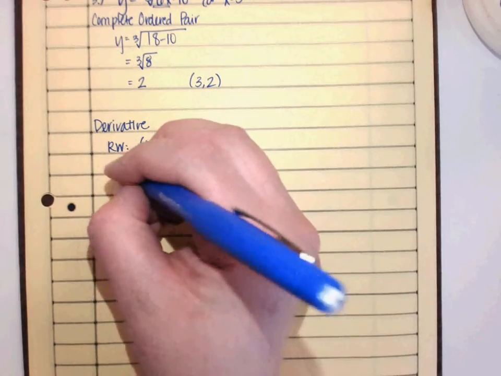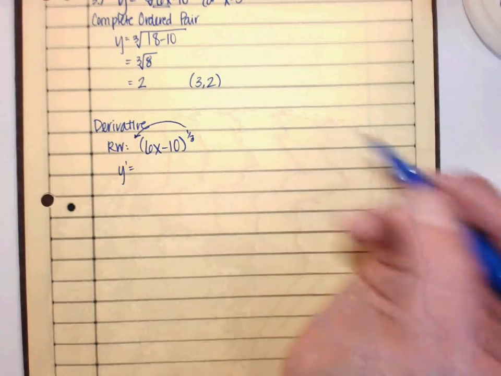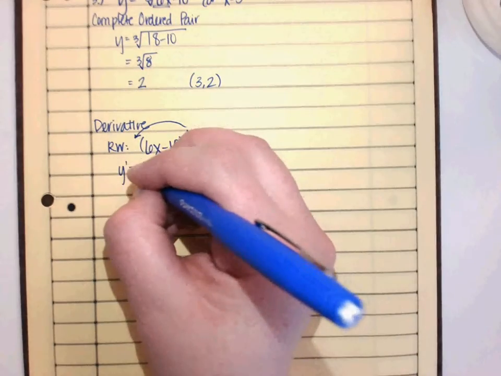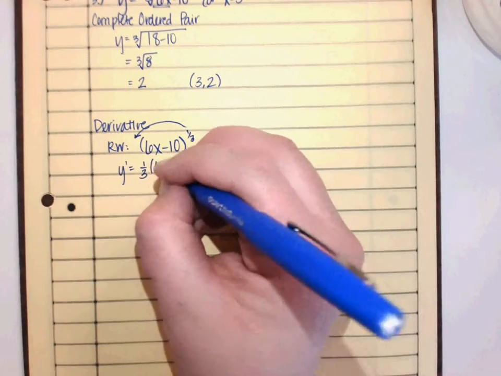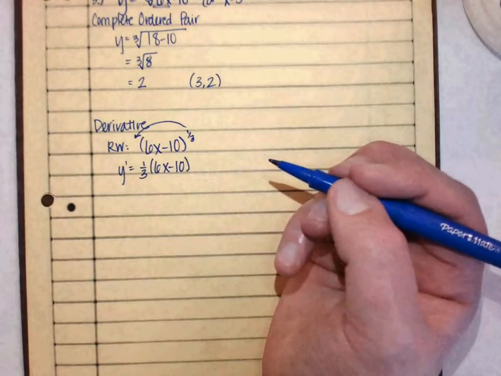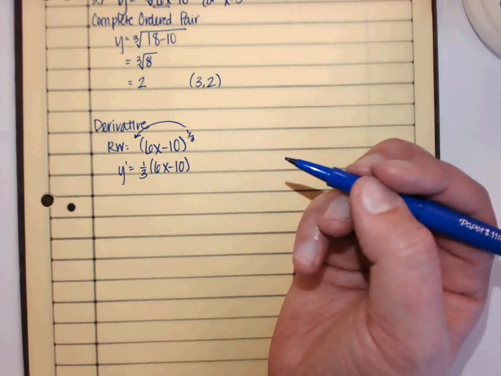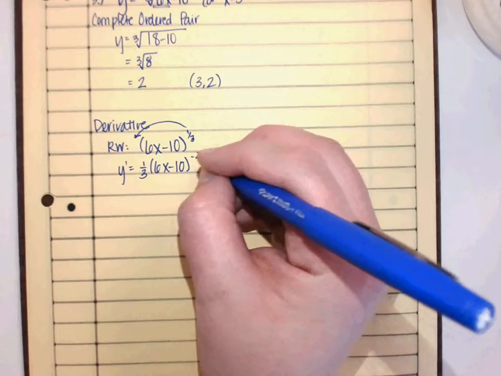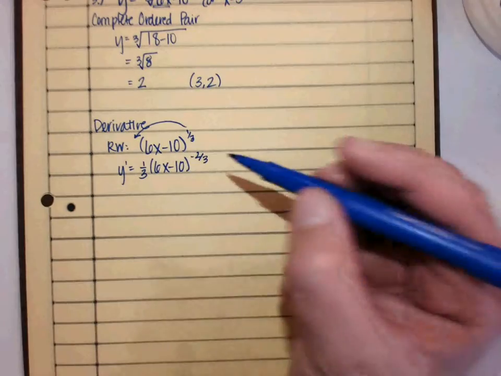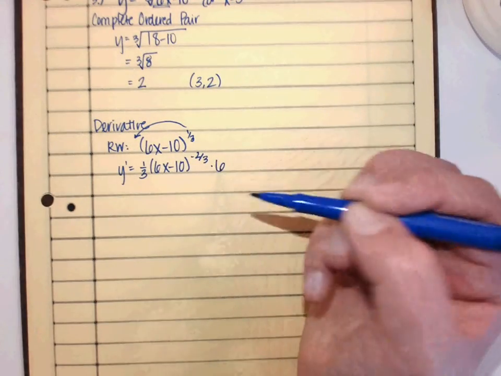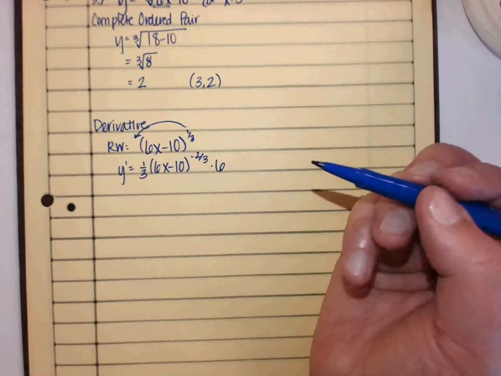Y prime is going to be a 1/3 down to the front. What is the new power on 6x minus 10 if I had a third and I minus 3/3, which is really just a 1? Negative 2/3. Times by, what's the derivative of my core for chain rule? Times 6.